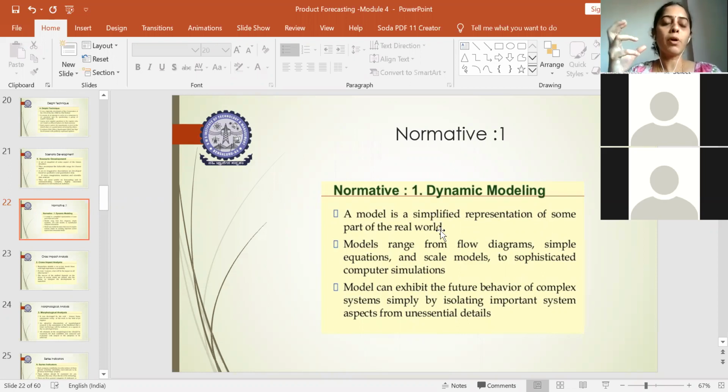Based on the product problems, the variable inputs and the non-variable inputs will be identified and framed into a simple mathematical model, which is applicable to the real-world problem. Then the model ranges from flow diagrams, simple equations, scale models to sophisticated computer simulation.